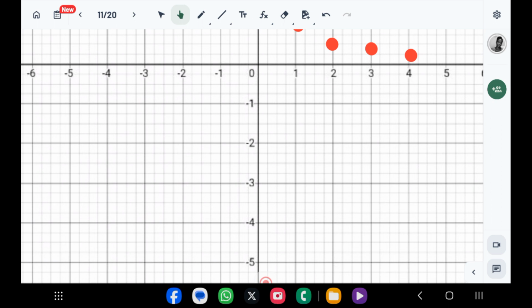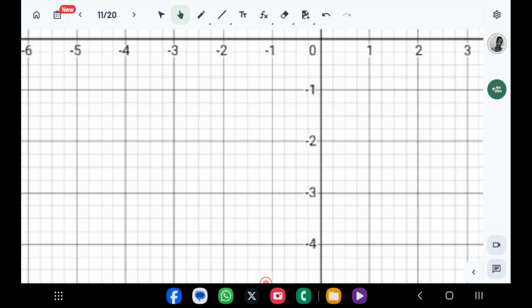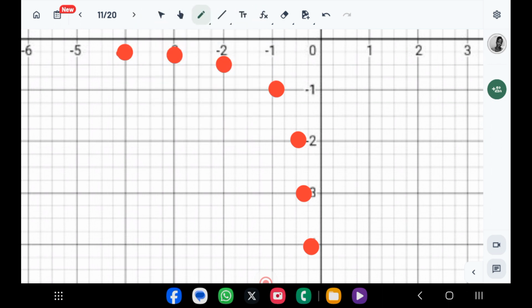Now let's plot the points on the other side. There are the points on the other side. Now let's connect the points.